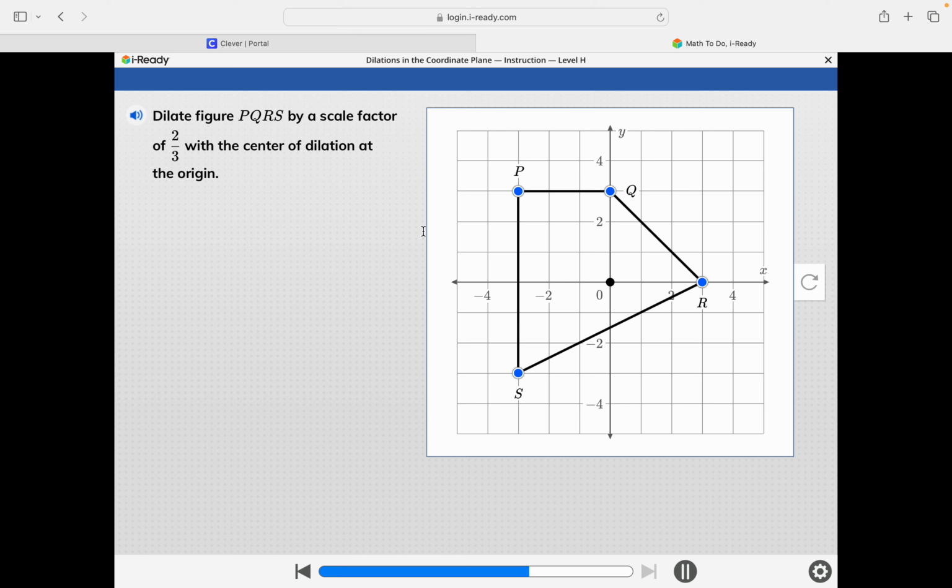S prime x value equals minus 3 by 1 times 2 by 3. That's wrong, Subani.